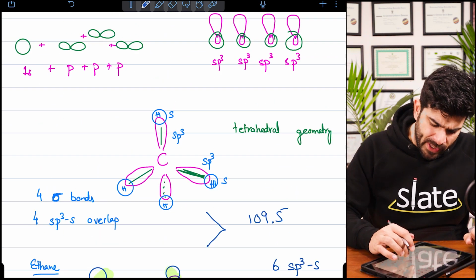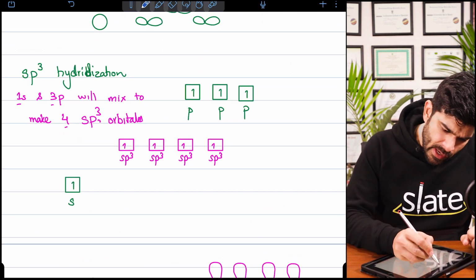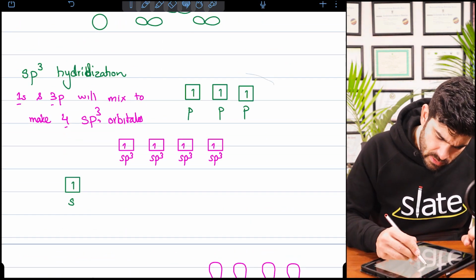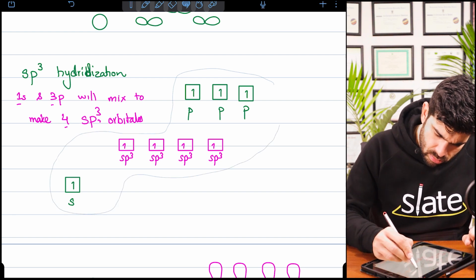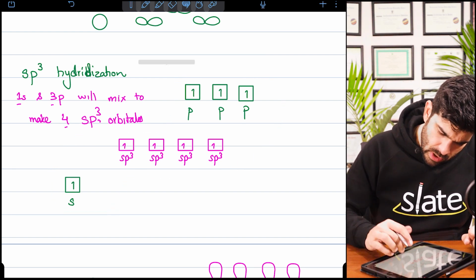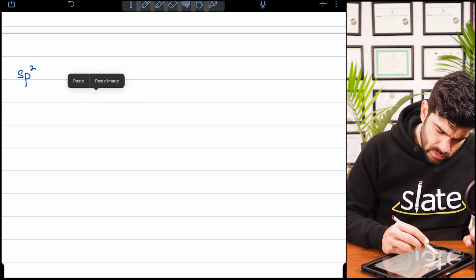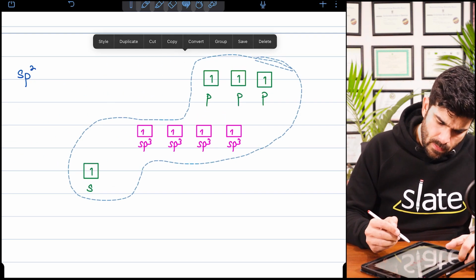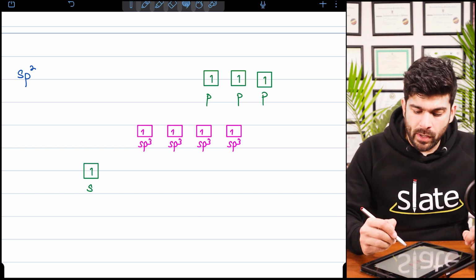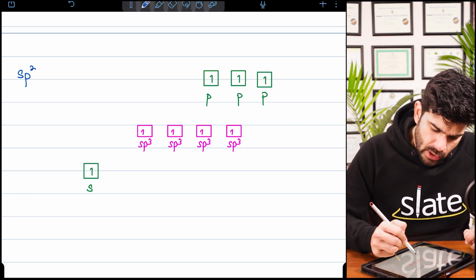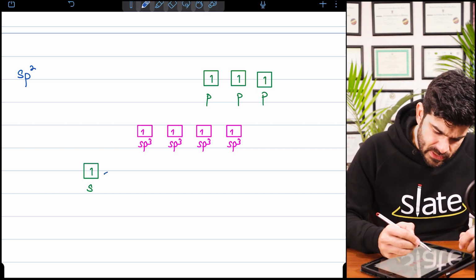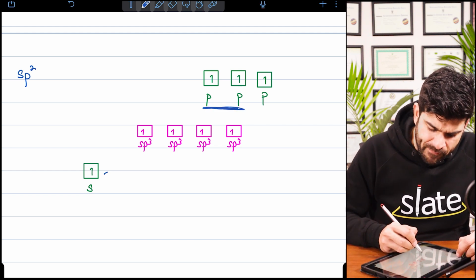Students, in the sp2 hybridization, as the name says, we have one s. Now we are left with one s and 2p, which have mixed.